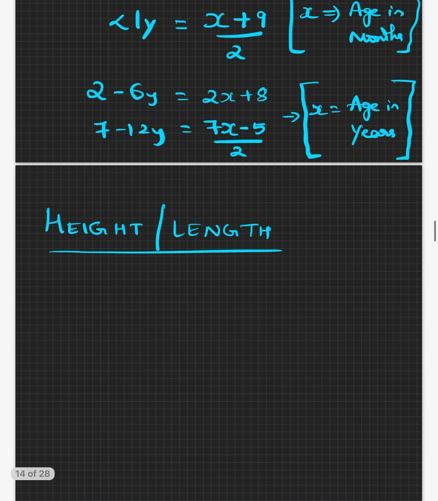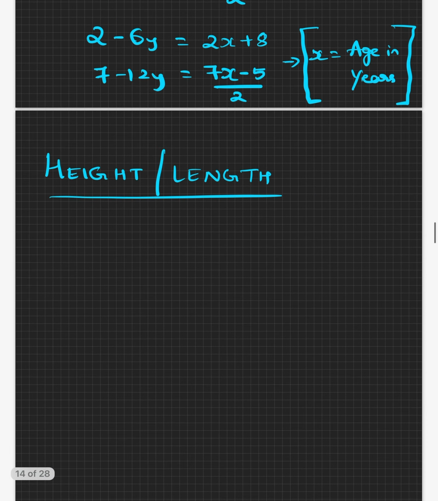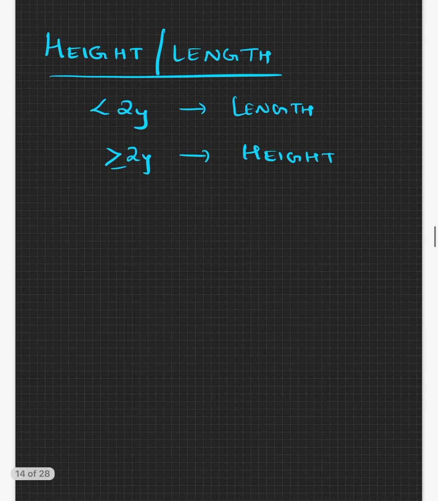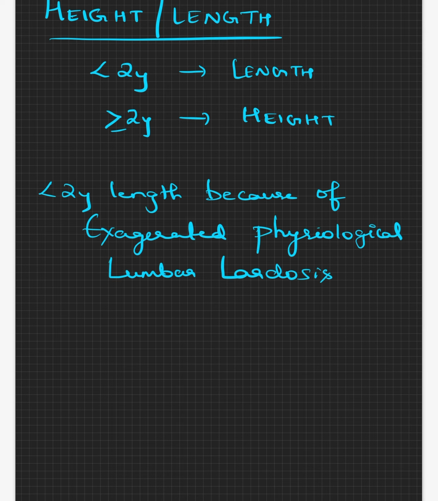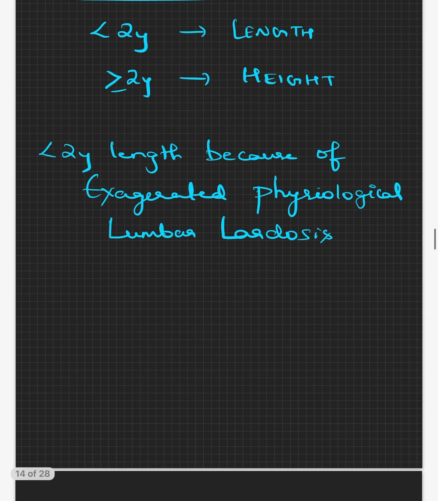Then we go for height or length measurement. We measure length till 2 years of age, and after 2 years we measure height. Why is this so? The child stands by 10 months and walks by 13 to 14 months, still we measure length till 2 years of age. Why? Because of exaggerated physiological lumbar lordosis.